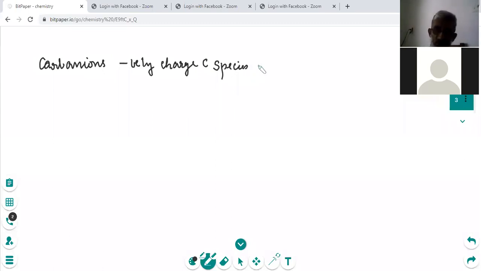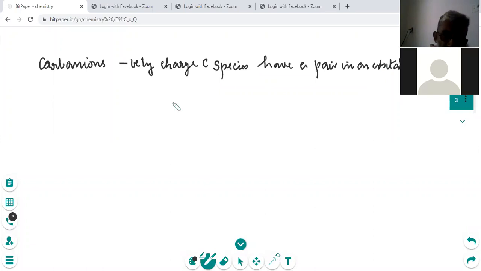They have a negative charge and have a pair of electrons in a single orbital. So they have got a pair of electrons in one orbital.